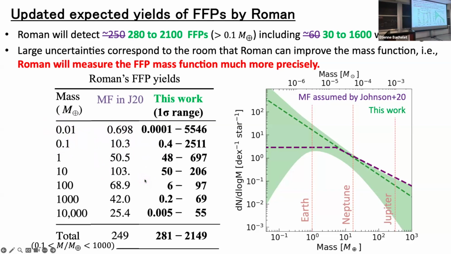If we have more than one detection, it means Roman can put a constraint in this region. But if it is less than that, there is still large uncertainty from 10 to the minus 4 to 0.1 or something. So I think including this possibility that we can detect more than one planet at this mass range is important.